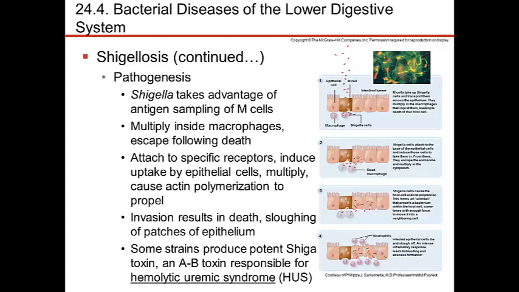The organisms also induce apoptosis of resident intestinal macrophages. Once inside the cytoplasm of intestinal epithelial cells, Shigella triggers the cytoskeletal rearrangements inside of those cells necessary to direct its own uptake.